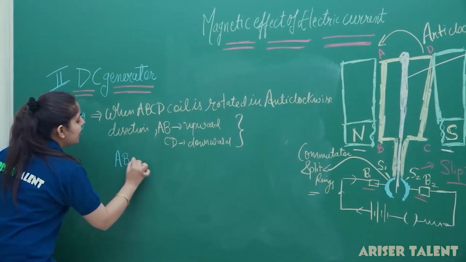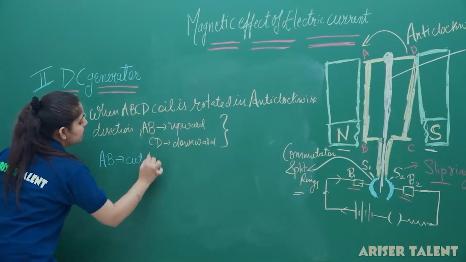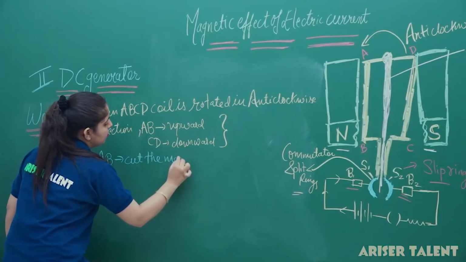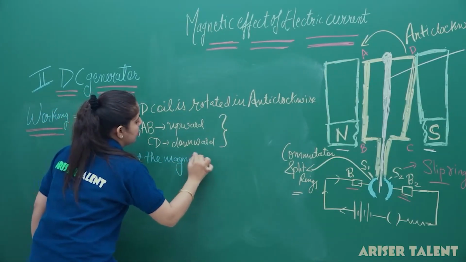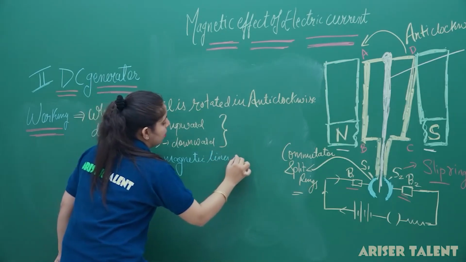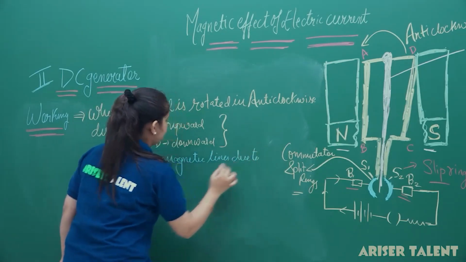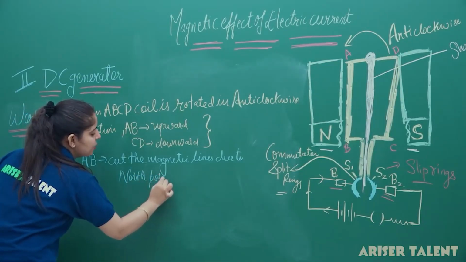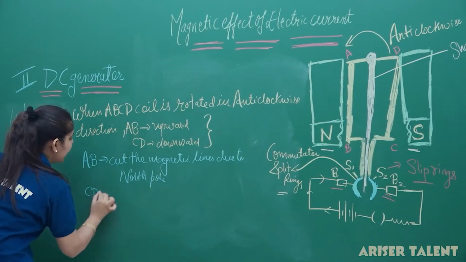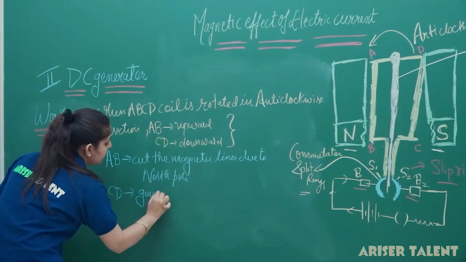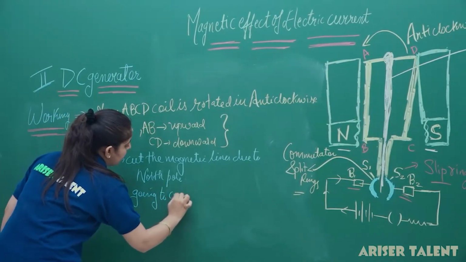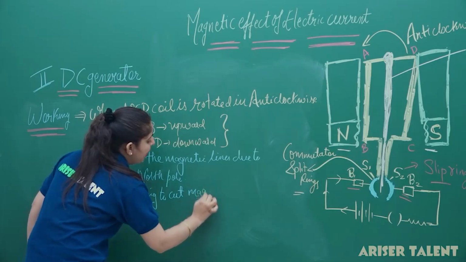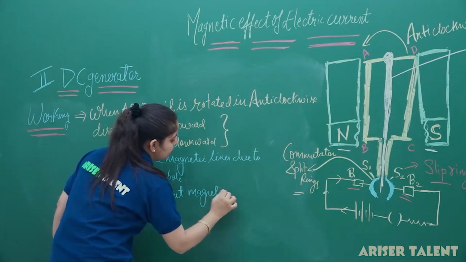AB will cut the magnetic lines due to the north pole, and CD will cut the magnetic lines of the south.